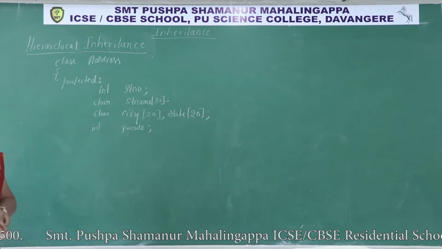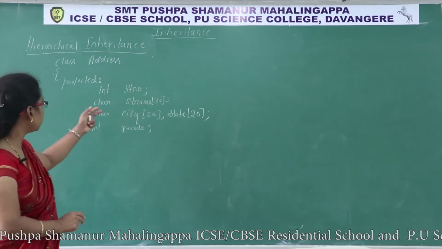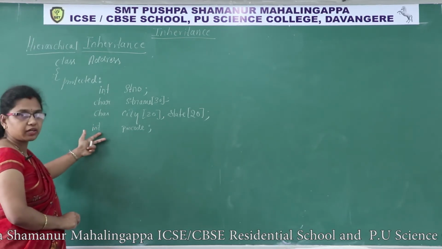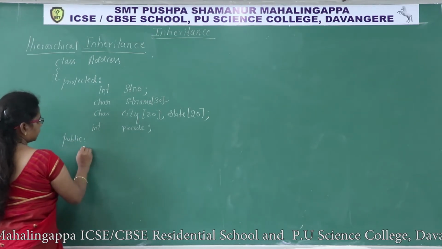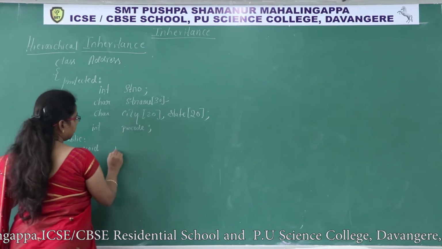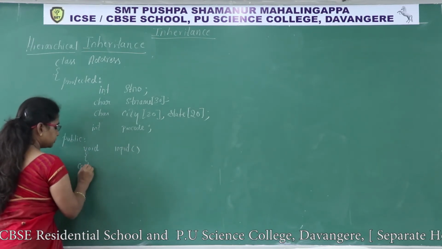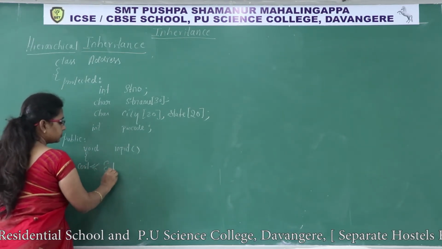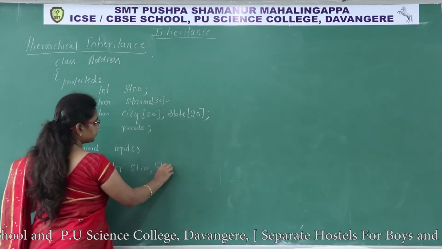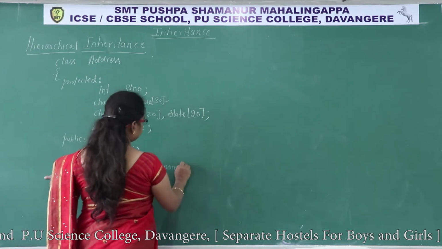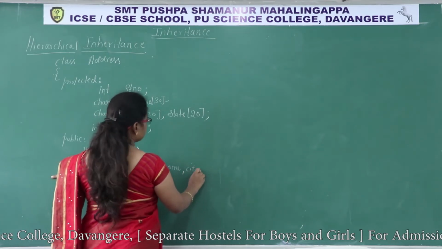These data members are required in both classes. Instead of declaring them two times, we can take a class which contains these data members, and I will take functions here in the public section. Void input: cout enter street number, street name, then city and state.